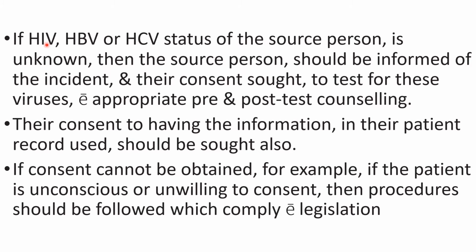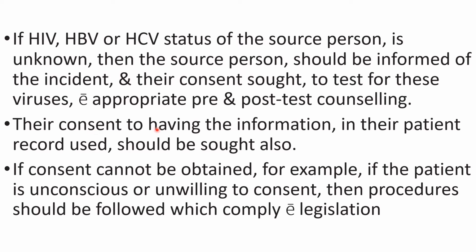If HIV, HBV, or HCV status of source persons is unknown, then the source person should be informed of the incident and their consent sought to test for these viruses, with appropriate pre- and post-test counseling.